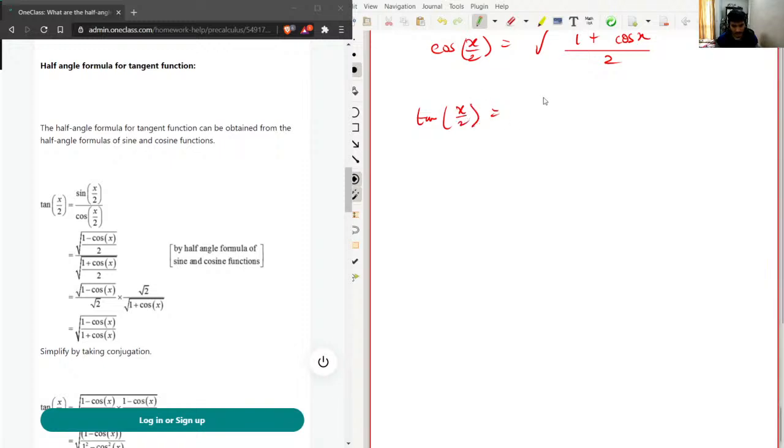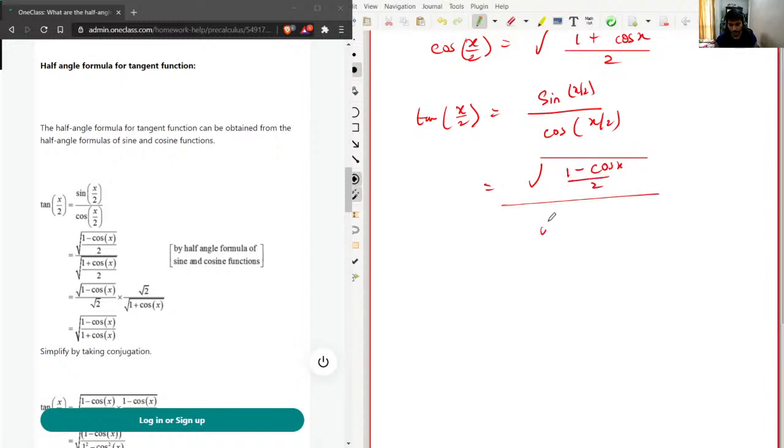Tangent of x over 2 is sine of x over 2 over cosine of x over 2, and we have already calculated sine of x over 2 to be the square root of 1 minus cosine x over 2 over cosine x over 2, which was 1 plus cosine x over 2.